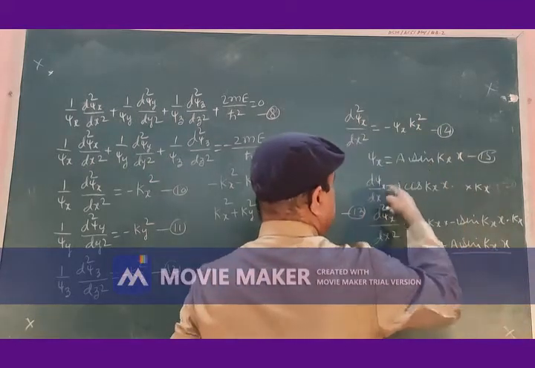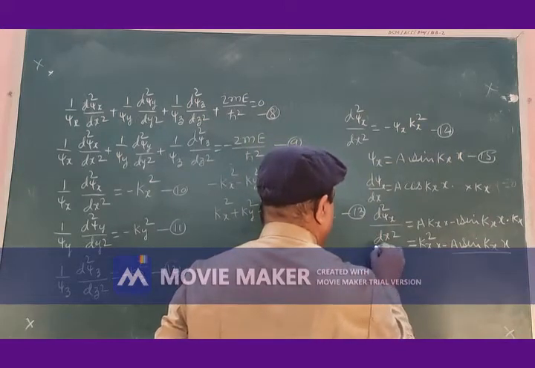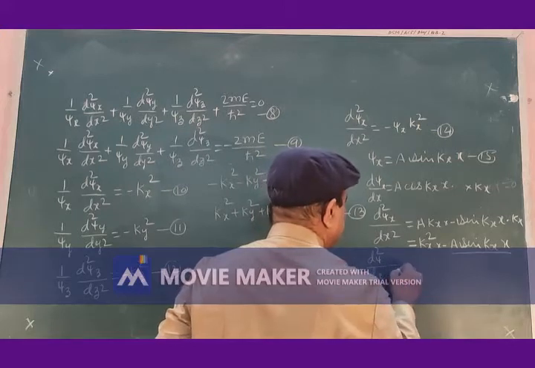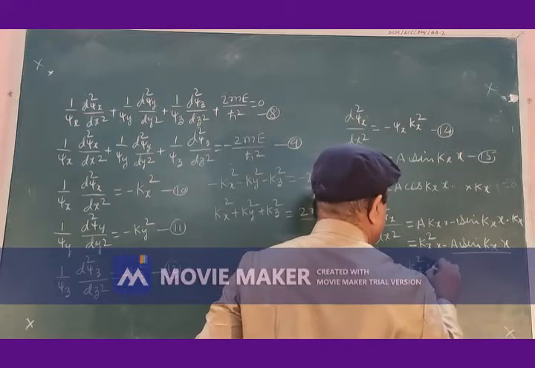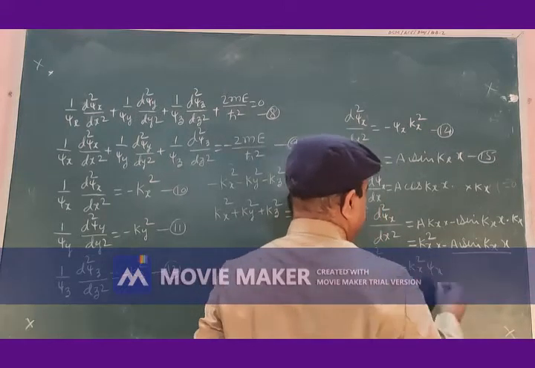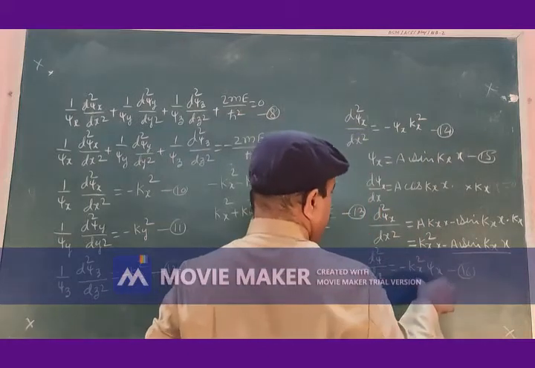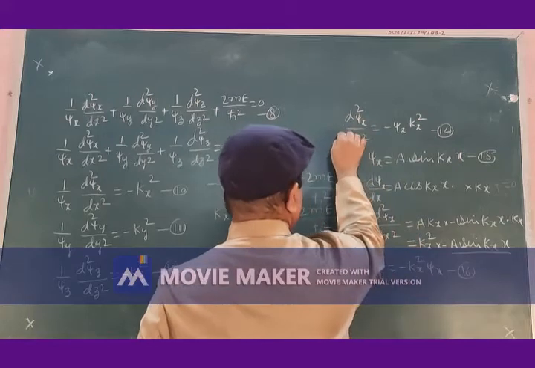This is psi x from equation 15, and therefore d2 psi by dx square is minus kx square into psi x, equation number 16.